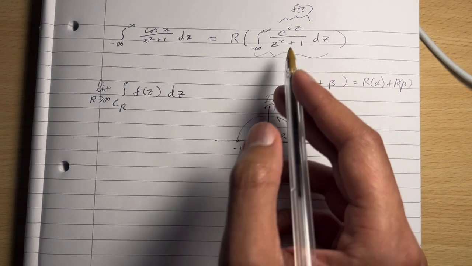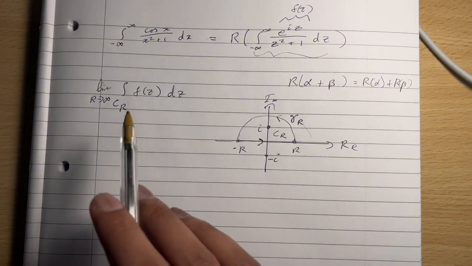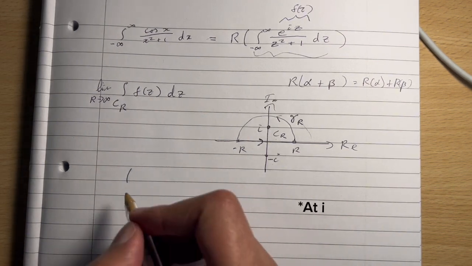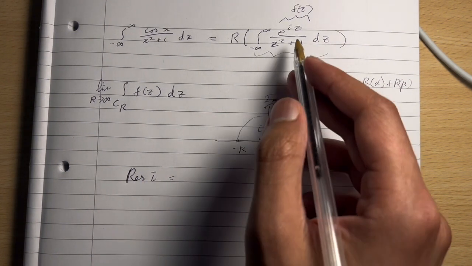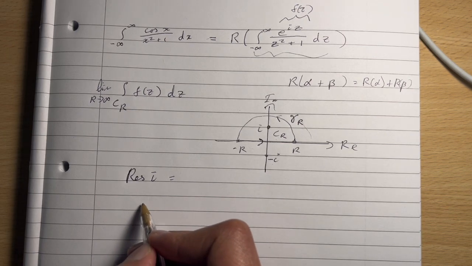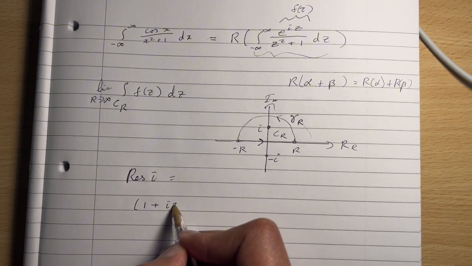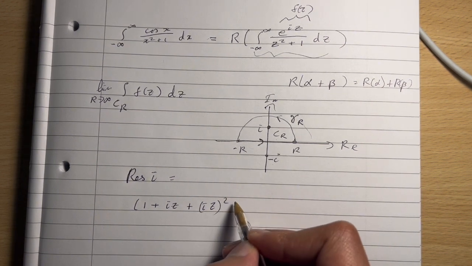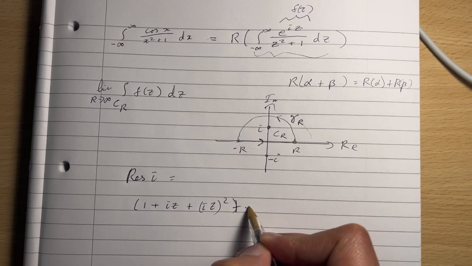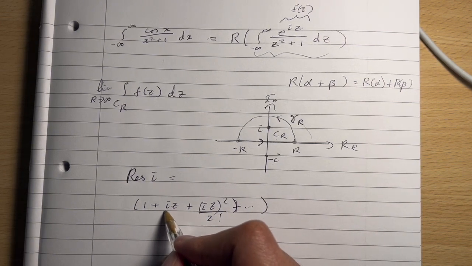So e to the iz, we can write this Taylor series out. What we want to work out is the residue of f of z at i. To do that, we're first going to write down e to the iz as a Taylor series expansion, which is 1 plus iz plus (iz) squared over 2 factorial and so on, where the first term is over 1 factorial.